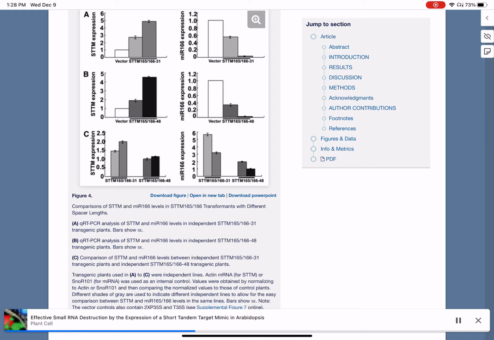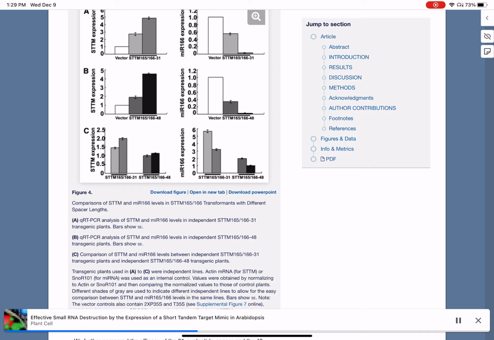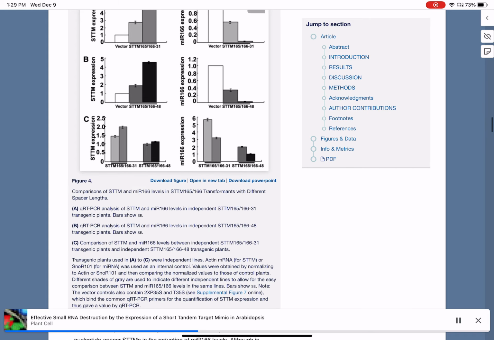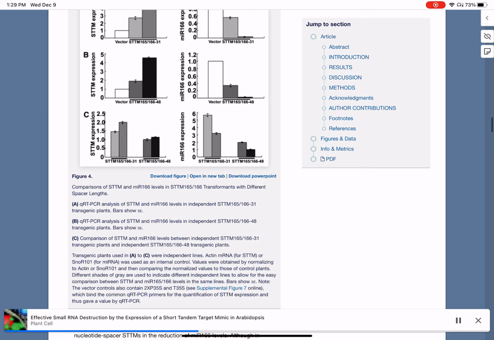B. qRT-PCR analysis of STTM and Mir-166 levels in independent STTM 165-166-48 transgenic plants. Bars show SE. C. Comparison of STTM and Mir-166 levels between independent STTM 165-166-31 transgenic plants and independent STTM 165-166-48 transgenic plants. Transgenic plants used in A to C were independent lines.